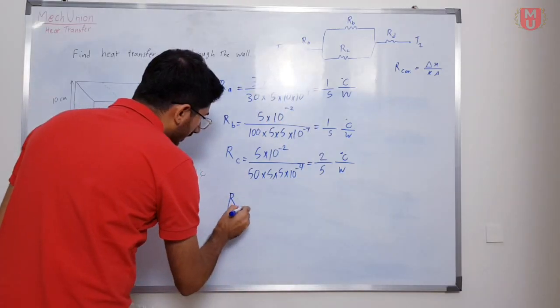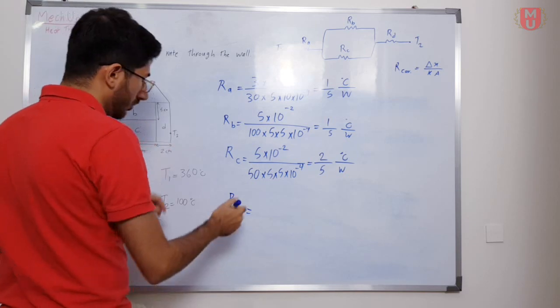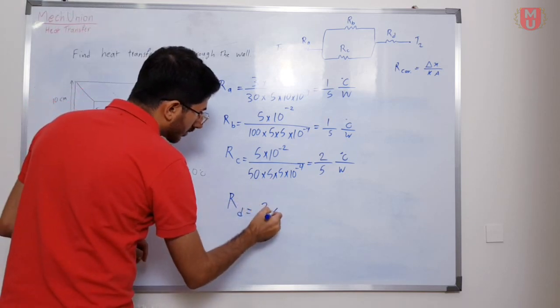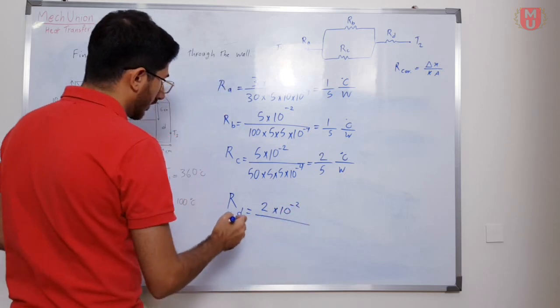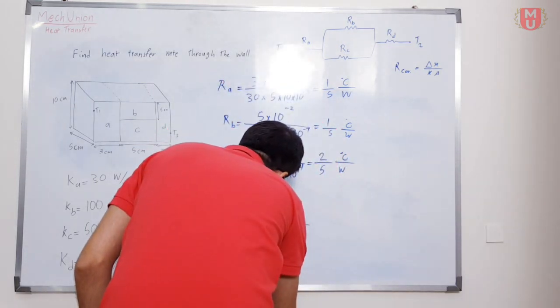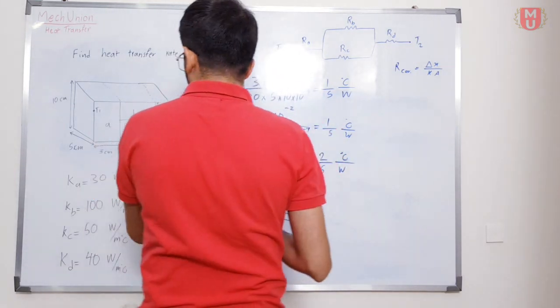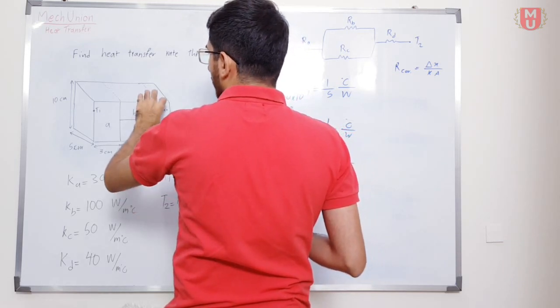R of D, we have delta X, which is 2 centimeters, 2 times 10 to the minus 2, over K of D, which is 40, times 5.